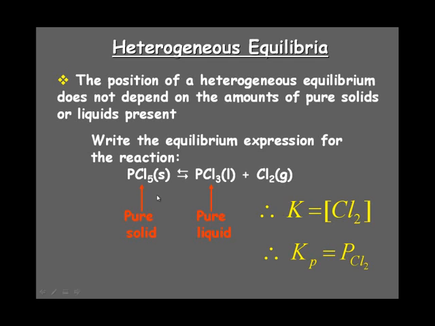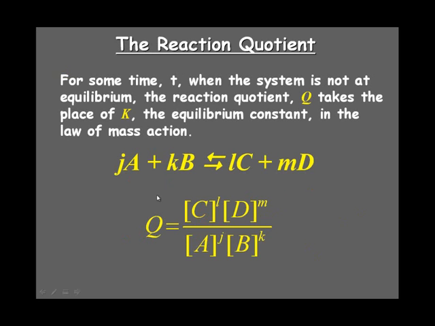Now when dealing with equilibriums, there is a variable called the reaction quotient, and this Q, otherwise called the reaction quotient, is basically K, but not at equilibrium. So this example should look like the example in the first podcast.